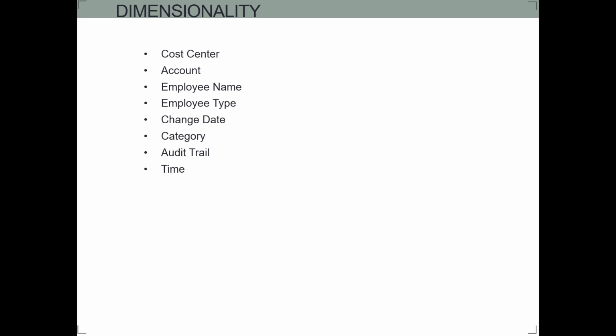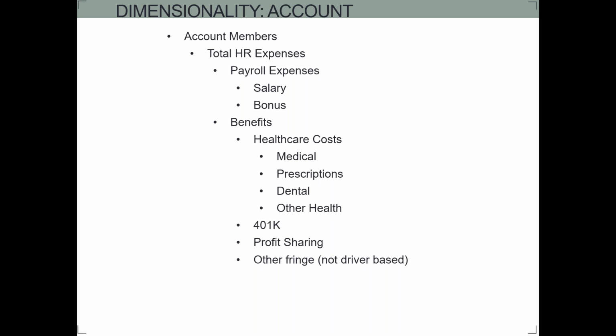Hourly employees may have a payroll schedule that, instead of being twice a month, is every 2 weeks, something like that. Different countries will have different cadences for payroll. All that's provided for by the combination of cost center and employee type. Category is more for the data slices, which we'll talk about, and audit trail, and obviously time.